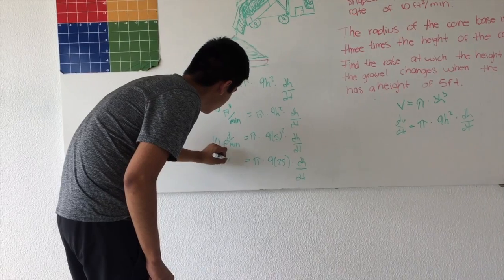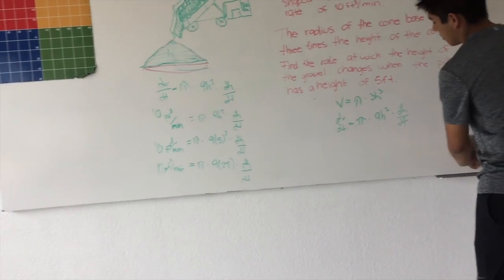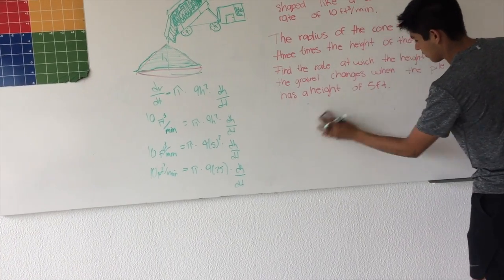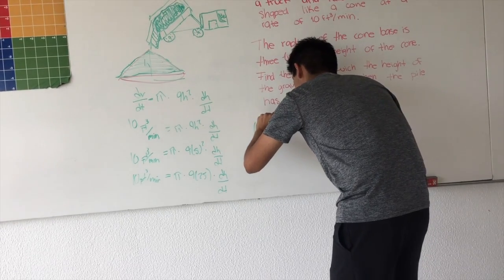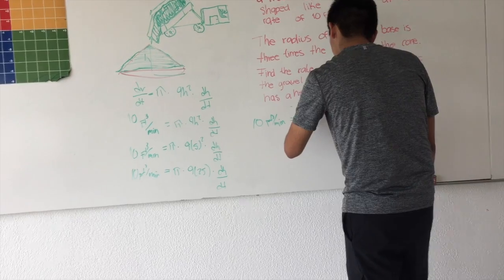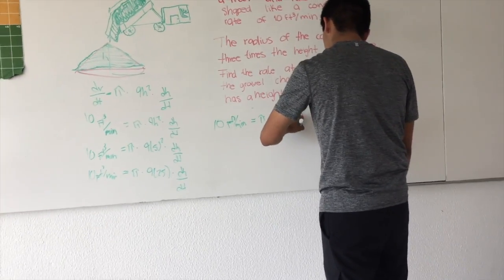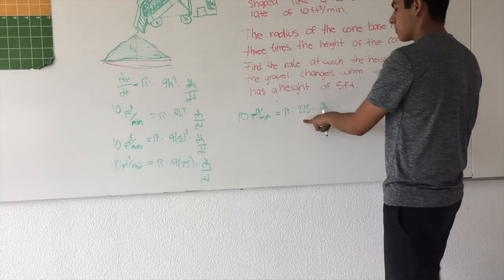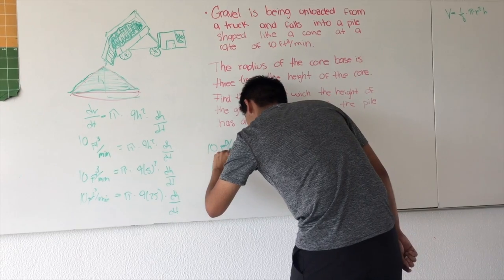And if we simplify this, we get 10 feet cubed per minute is equal to pi times 225 times dh over dt. So now we can multiply this pi times this 225.